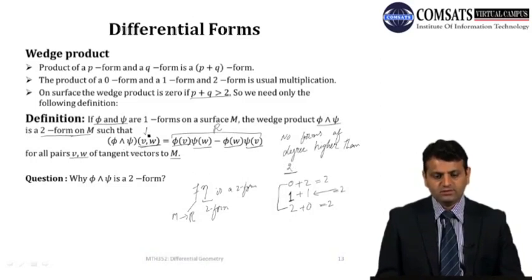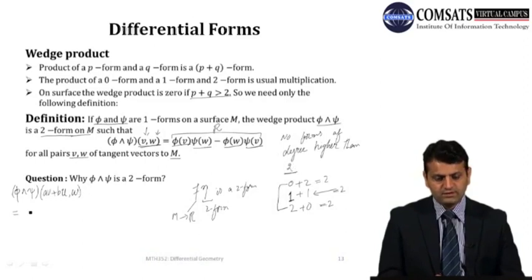So it has to be linear in V, and it has to be linear in W. So if I take phi wedge psi and apply it to (aV plus bU, W), this is going to be equal, according to the definition, to phi of (aV plus bU) psi of W minus psi of (aV plus bU) and phi of W. Now phi is a 1 form, so it has to be linear.